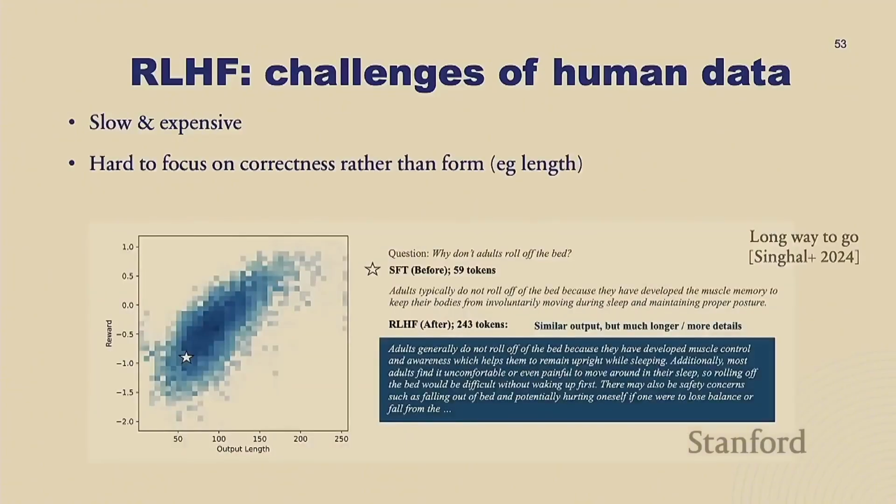Second, as I just mentioned, it's hard to focus on things that matter, like correctness. People usually look at things that don't matter as much, like the form, like length. What I show here is that when you do RLHF, the more you do of RLHF, the longer the output of the models becomes. So if you've ever been annoyed at ChatGPT answering you with super long sentences, this is because of RLHF.